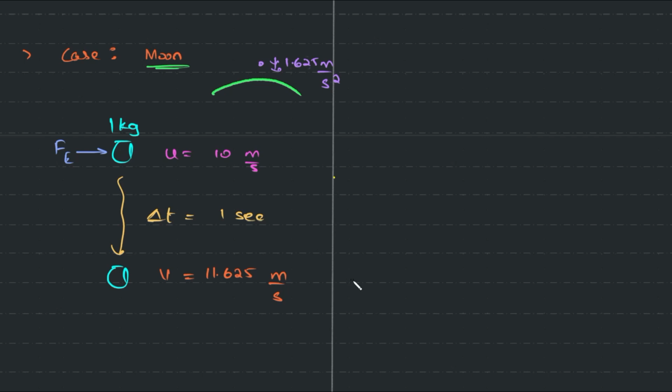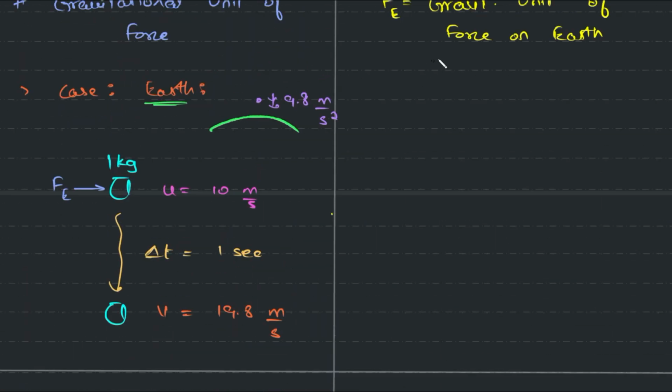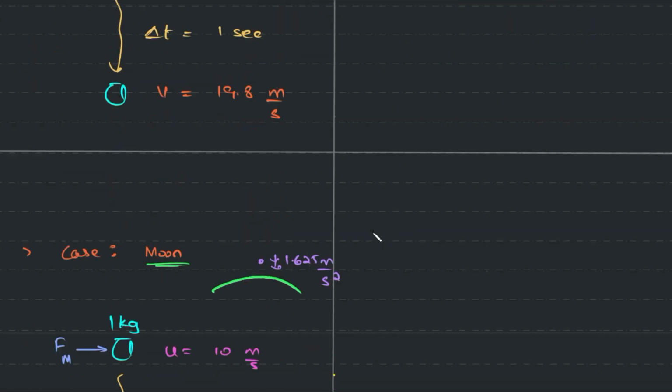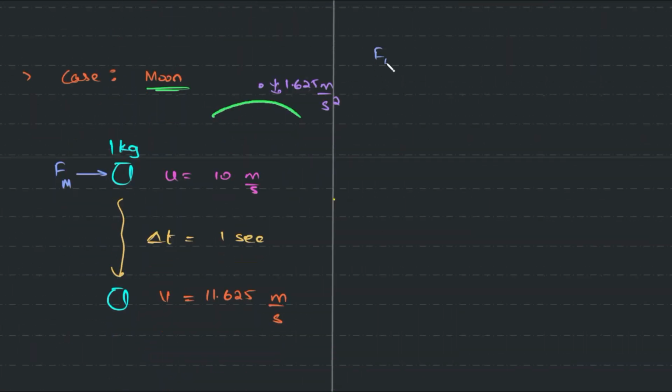The same funda, same concept, same object, same everything. But in place of E, we're talking about M. So here Fm is your gravitational unit of force on moon.